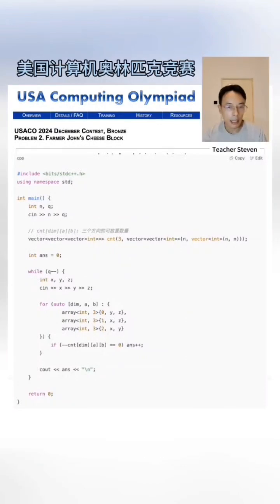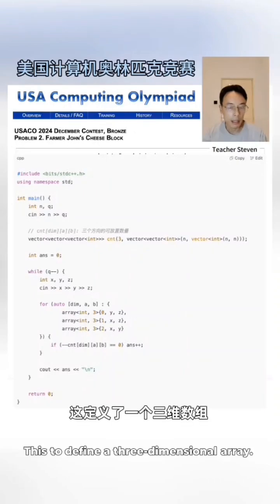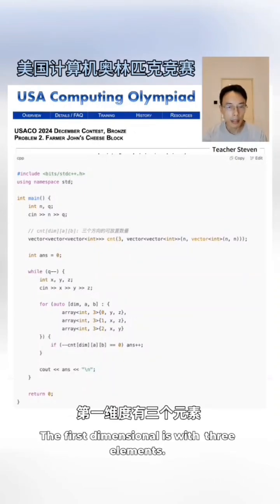vector<vector<vector<int>>> cnt(3, vector<vector<int>>(n, vector<int>(n, n))); This defines a three-dimensional array. The first dimension has 3 elements.